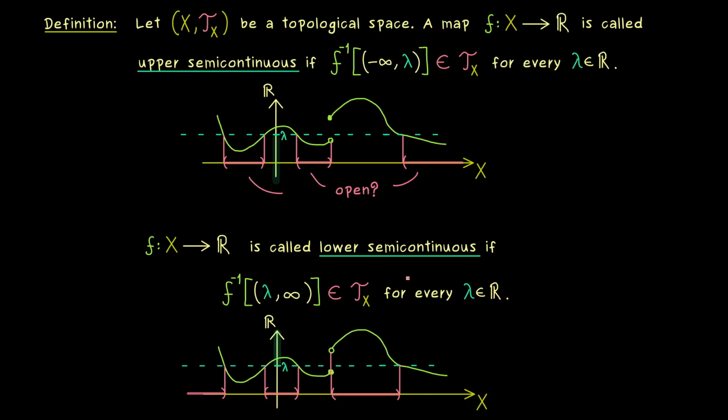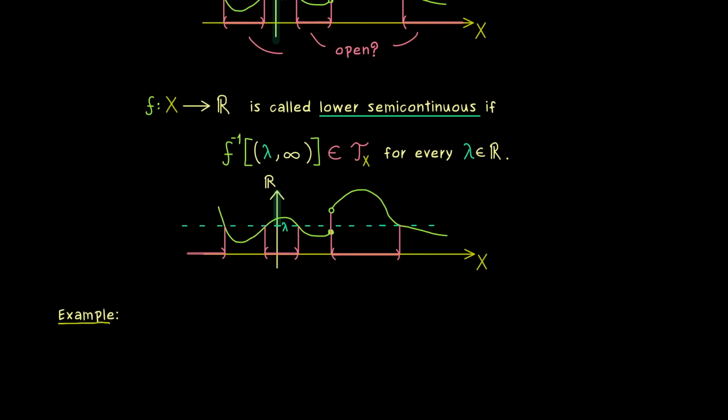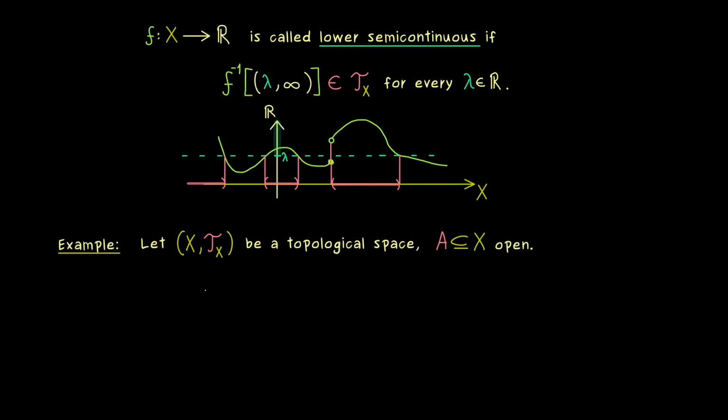Okay, so now we have the two notions of semi-continuity, and indeed both things together just gives us continuity from before. And in order to close the topic, let's look at an important example. This one will be a so-called indicator function, or also called characteristic function, of an open set of a topological space X. So let's call this open set simply A. And in fact, the common notation for the indicator function is to use a lowercase chi with index A. And the definition is quite simple.